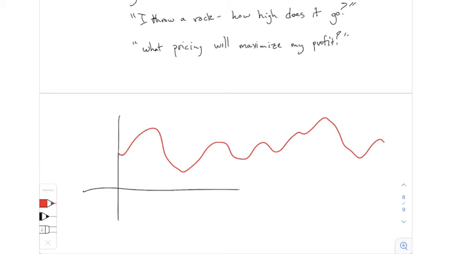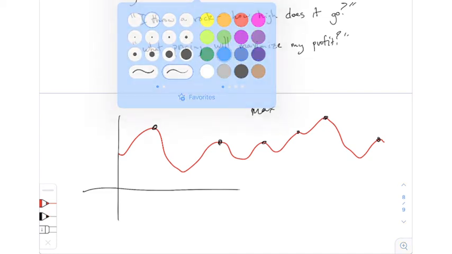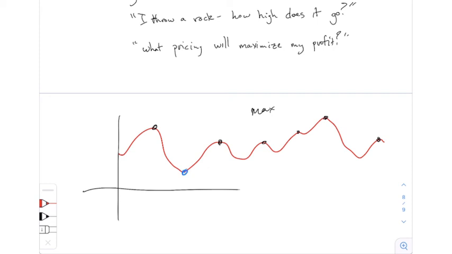Some of them are absolute, but actually to an investor, the absolutes don't matter so much as the locals. For example, the local maximum points are here, and here, and here, and here, and here, and here, right? Those are all maximum. And the local minimum points, I'll mark them in blue. I don't know if you can tell the difference. They would be here, and here, and here, and here, and here. Those are the minimum points.